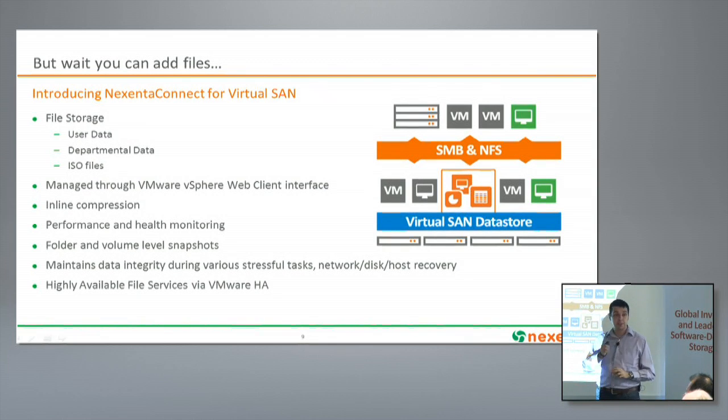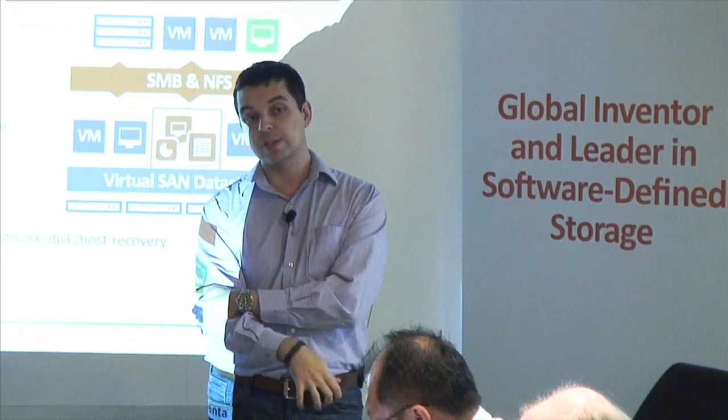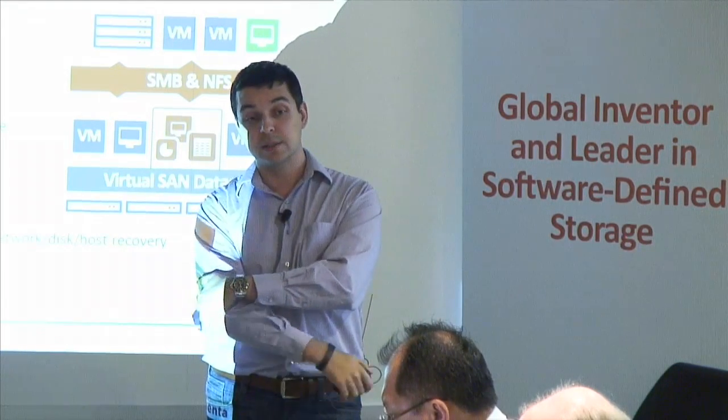I have a question. Yeah. What is the use case for having VMware Virtual SAN, and then basically you're taking Nexenta and putting it on top of Virtual SAN, right? You're doing NFS over top of block? We are doing NFS, yeah, over top of VSAN, yes. So I'm buying two products? I'm buying Virtual SAN and then I'm deciding to not use it and to use Nexenta?